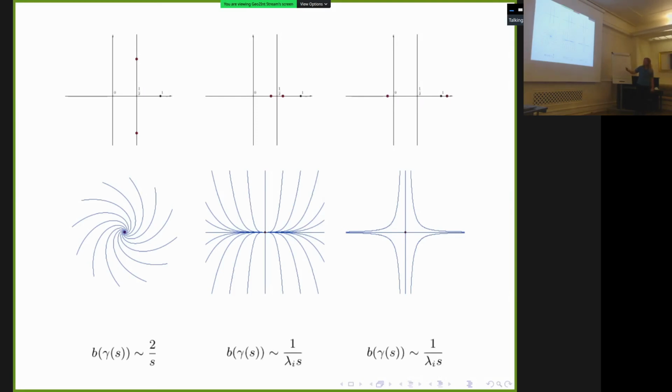Then for a node and a hyperbolic characteristic point, this is where you see where this 2 arises from, because this 2 is actually 1 over the real part of your eigenvalues. So what you see close to your characteristic point in the drift term is 1 over lambda_i, where lambda_i is the eigenvalue corresponding to the leaf you're currently on.